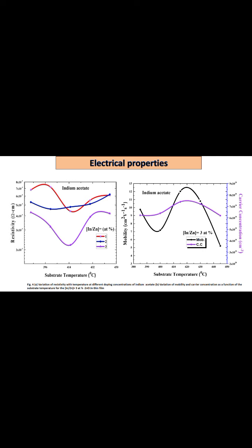In electrical properties, Figure 4 shows variation of resistivity with temperature at different doping concentrations of indium acetate, and variation of mobility and carrier concentration as a function of the substrate temperature for the 3% zinc oxide indium thin film.